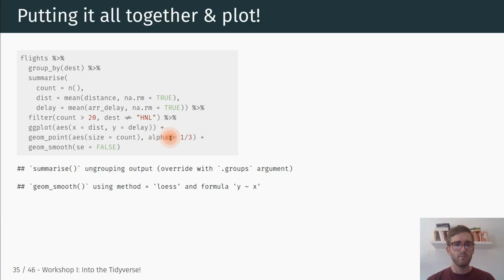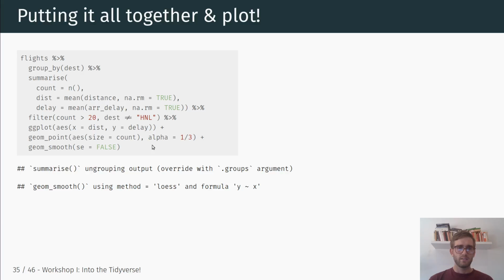And we will make these points slightly transparent so that overlapping points can be distinguished. And then we're adding an additional geometry, which is, again, a smoothed loess fit, but this time without including the confidence interval. Okay?